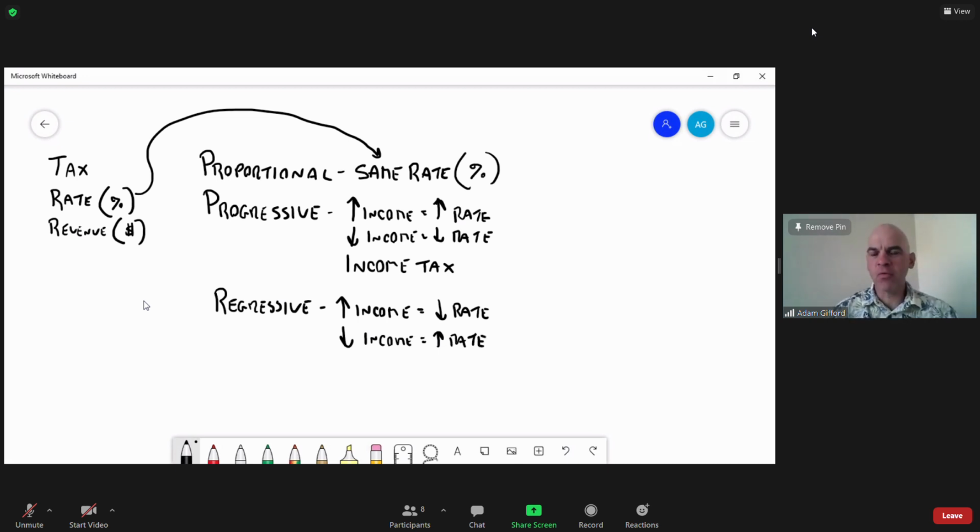I gave you a really easy way to determine if a tax is regressive or not. Who can remember the easy way to determine if a tax is regressive? If the price that you're paying stays the same. Okay, if everyone pays the same dollar amount.